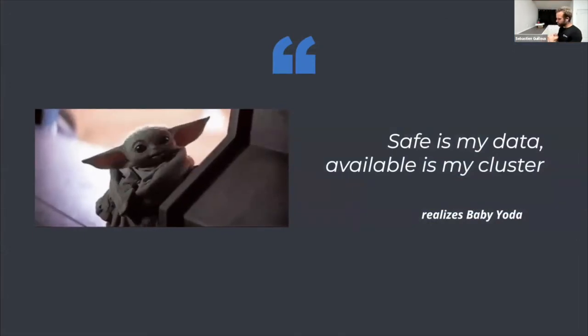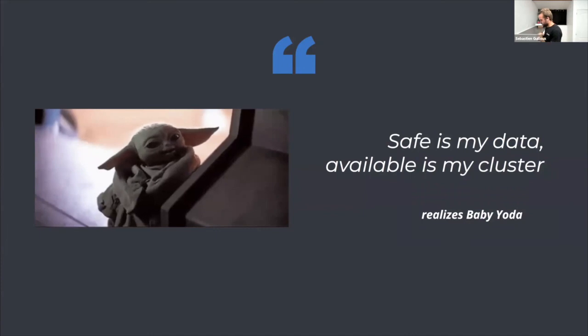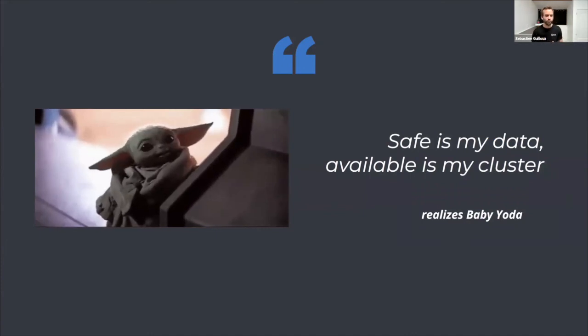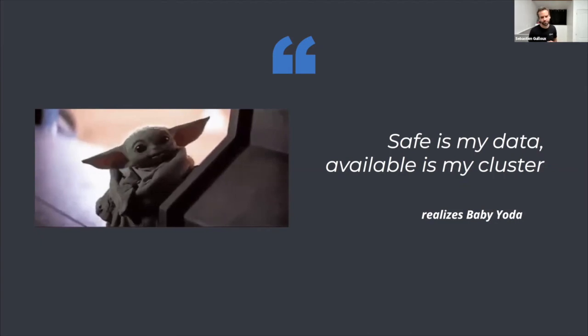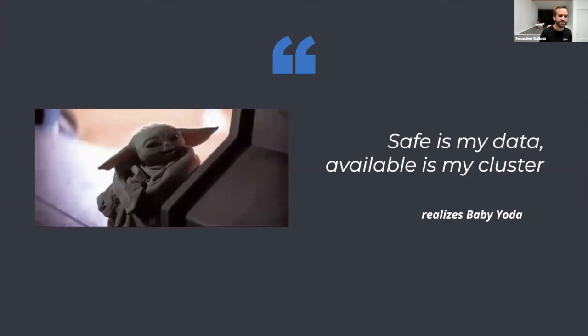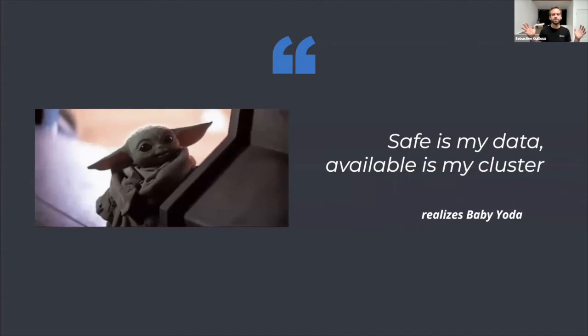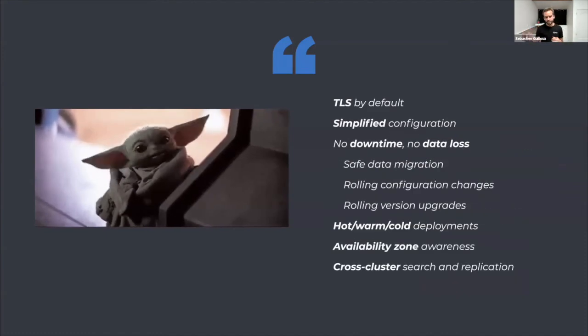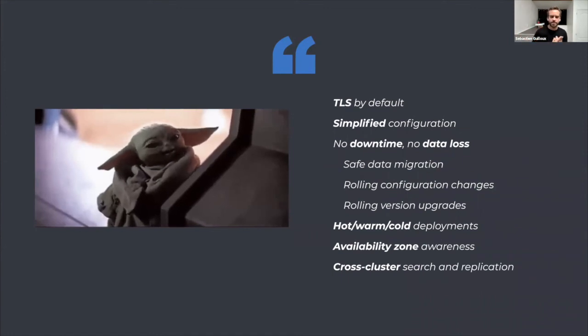So to try to summarize, I think one of the biggest value added of ECK over maybe handling your Kubernetes resources yourself is making sure that your data stays safe and that your cluster stays available, whatever changes you make on the Elasticsearch topology. Additionally, it handles TLS by default.